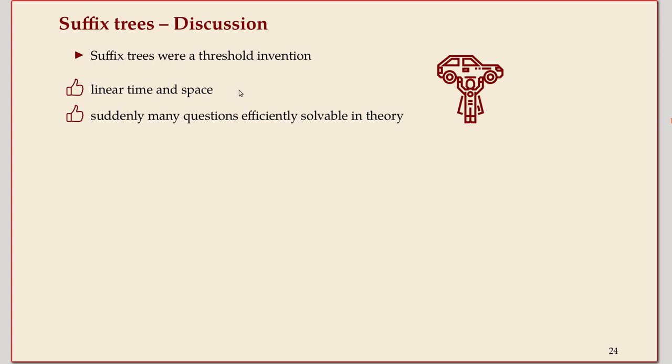And we can use this for finding occurrences of a pattern in the length of the pattern, completely independent from the size of the entire data set. That by itself is remarkable. But it turned out the same solution was also a key ingredient for many other problems. So by finding this one magic ingredient, we suddenly could do a lot of things.